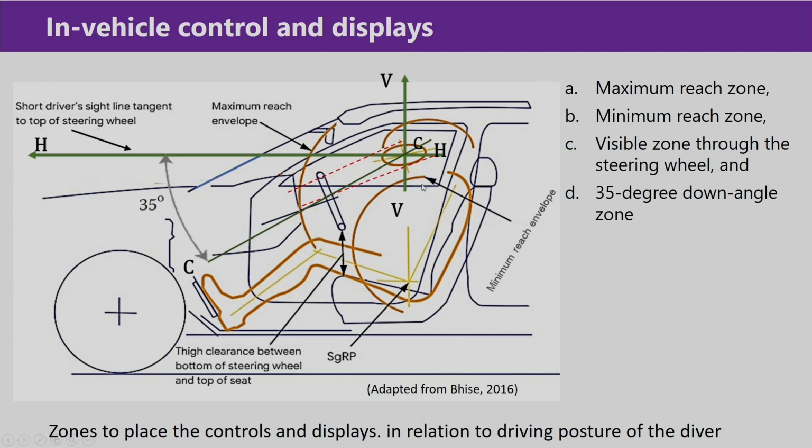So, the minimum reach envelope is decided based on the reach capabilities of the 5th percentile driver by their lower arm, with the pivot point being the elbow joint on the seat back bolster. In this situation, this volume can be accessed by the 5th percentile driver.